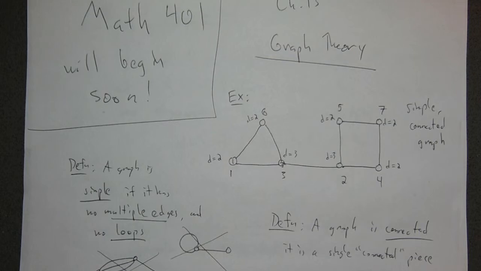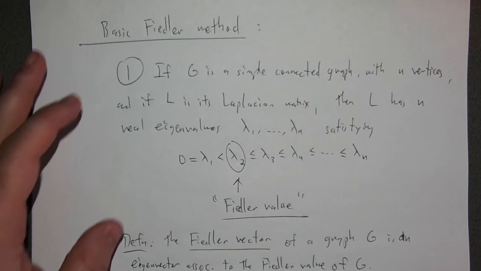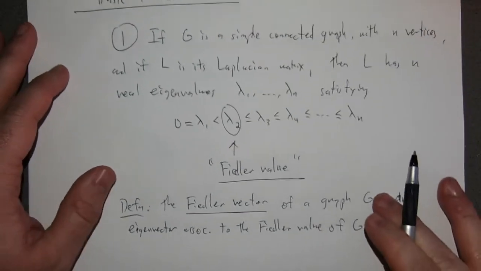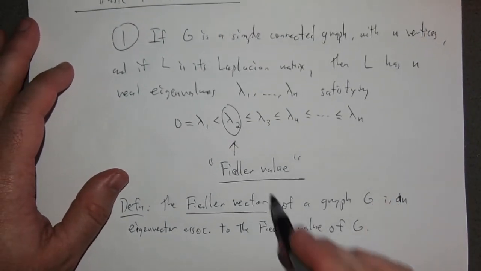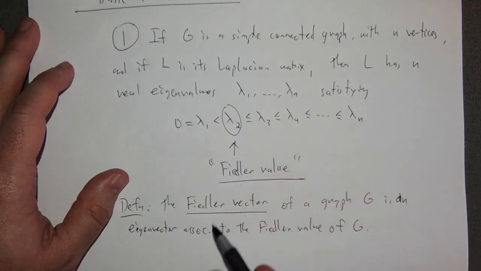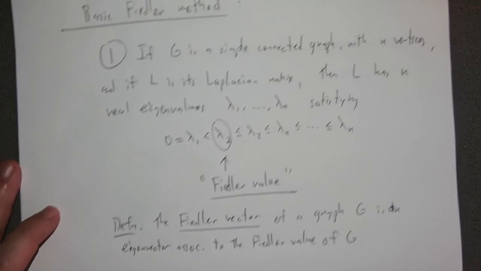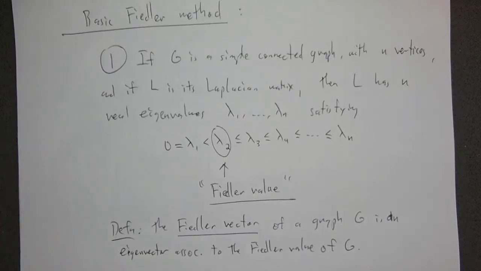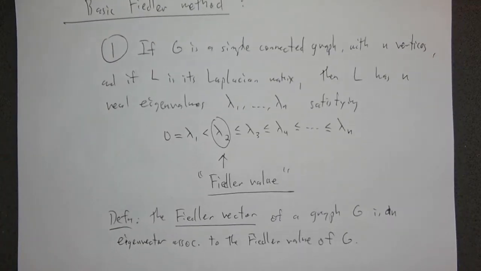You can also find a Fiedler vector, an associated eigenvector to the Fiedler value. So you get a Fiedler vector v. I have Fiedler value lambda sub 2. The Fiedler vector, you can call it v, you can call it v sub 2, whatever you call it. What is the thing that you do here?